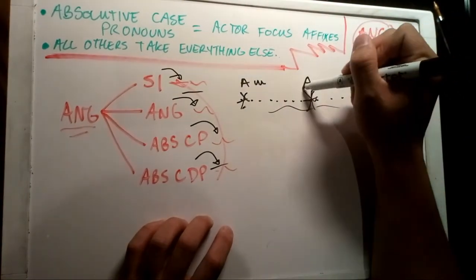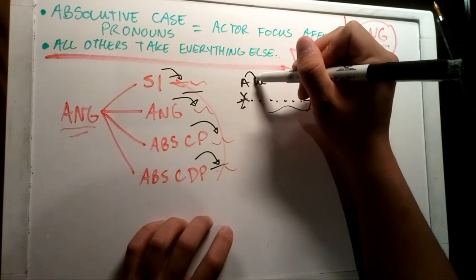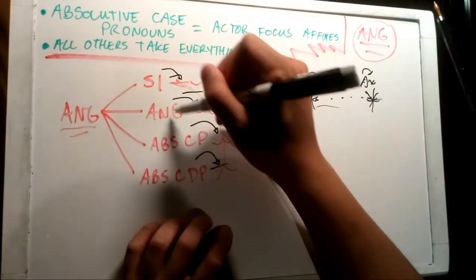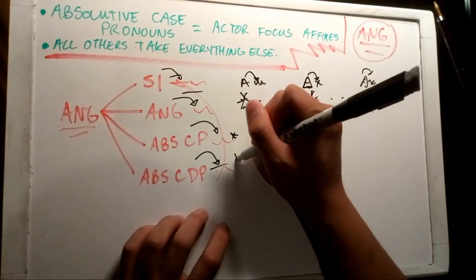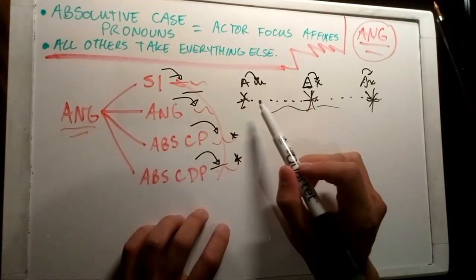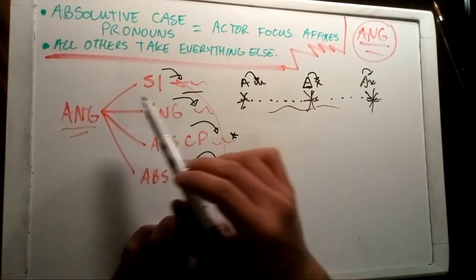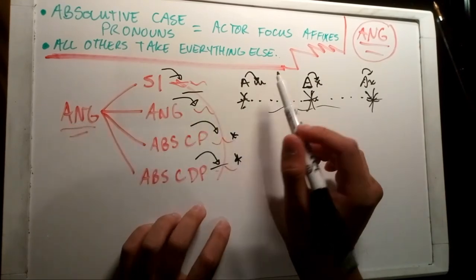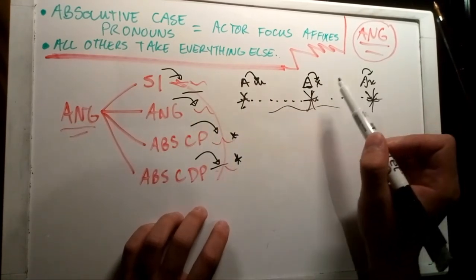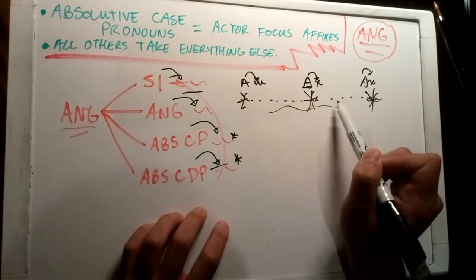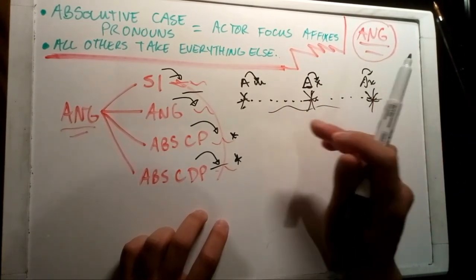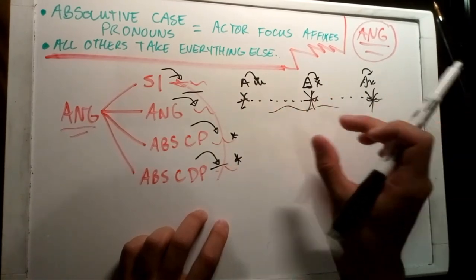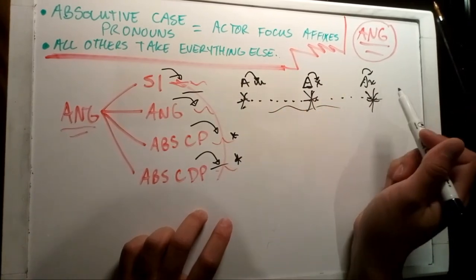As long as ang stays with what we are marking, and remember, it can be any of these. Well, actually, these two are a different case, but whenever we have ang or si marking whatever word we have, they can go anywhere, as long as they mark it in any of the sentences.